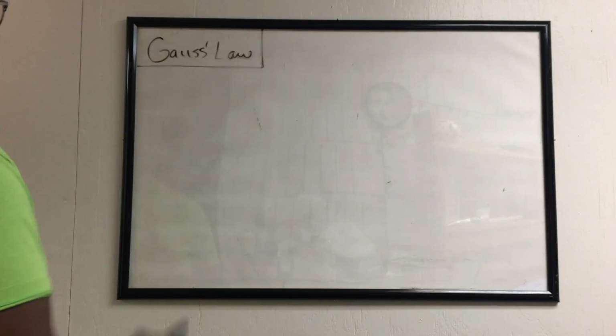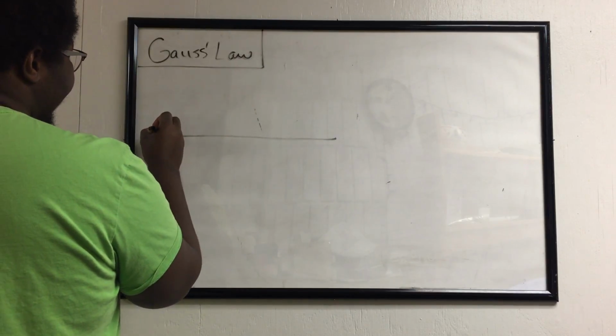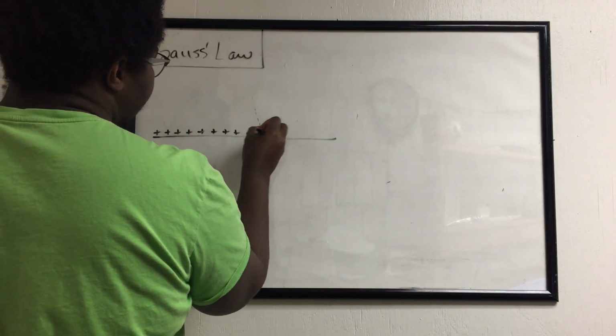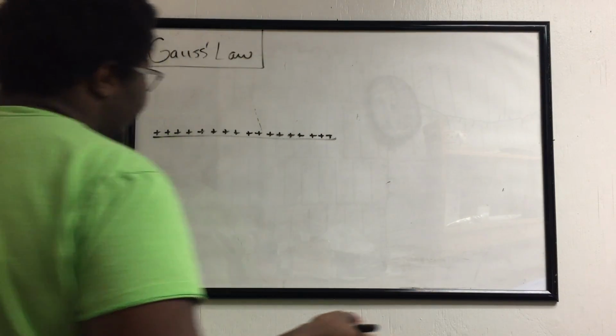Hello guys, so today I'm going to be talking about Gauss's law and how to find the electric field from a line charge. So we have a line charge that we'll denote by this line, and we'll put some charges here to denote what a line charge looks like.